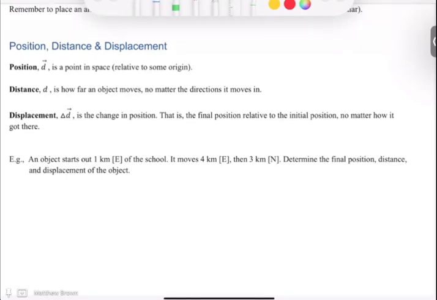We can say, okay, here's the school. And this is kind of our point 0, 0, if you will. And it starts out 1 kilometer east. So we'll put here, here's our start.